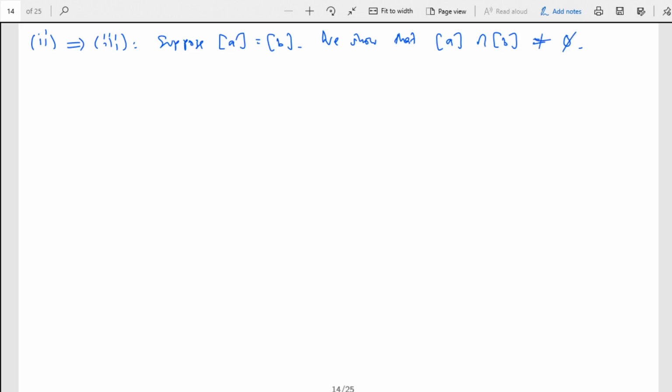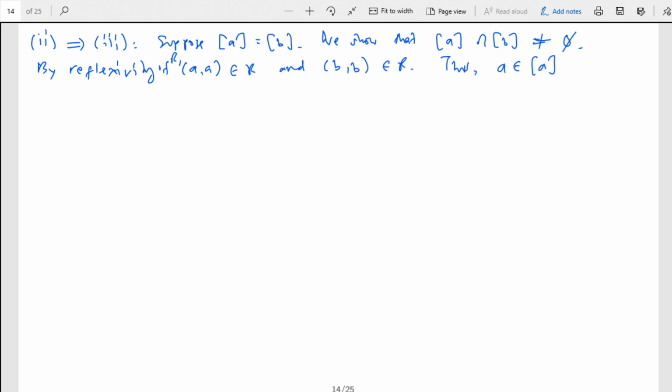This is actually easier because by reflexivity of R, (a, a) is in R and (b, b) is in R. Because of this, by definition of equivalence class, a is in the equivalence class of a and b is in the equivalence class of b.